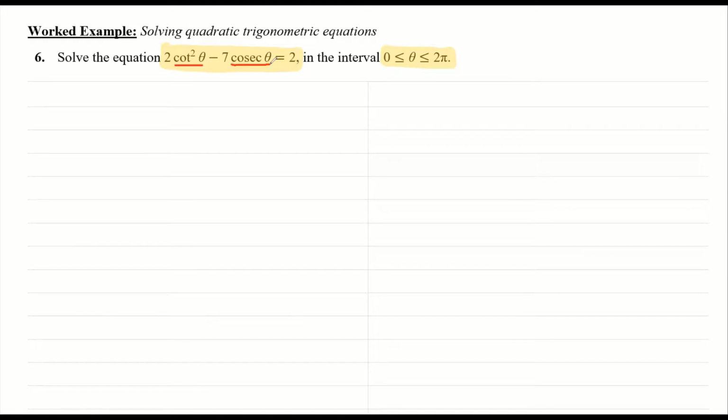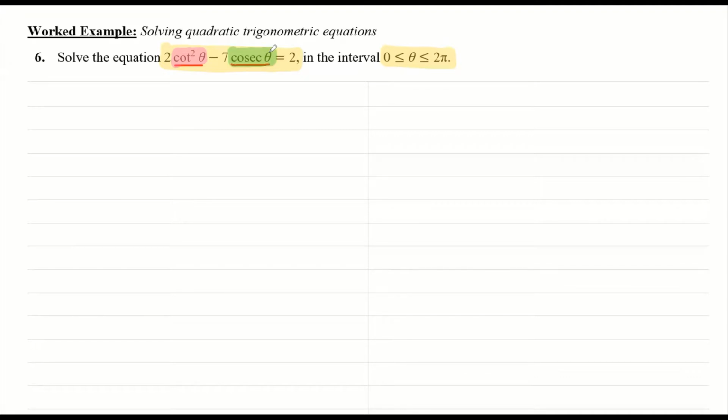Our initial problem, though, is that we have cosec and cot in the same equation. So we need to get the trig ratio the same before we can do any kind of processing of quadratics.